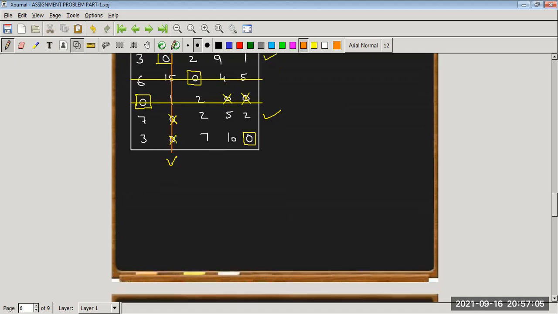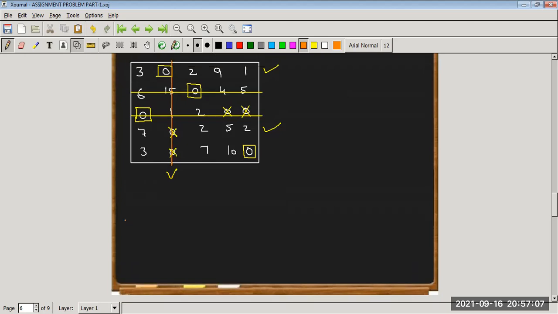Again, the new cost matrix. Again we find the minimum, and the minimum is again 1. So the minimum number theta is equal to 1.